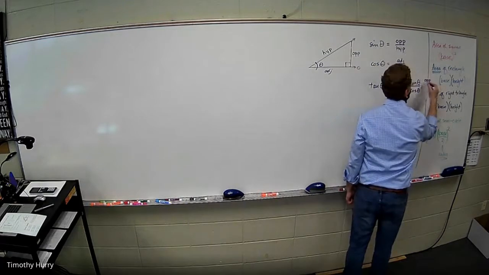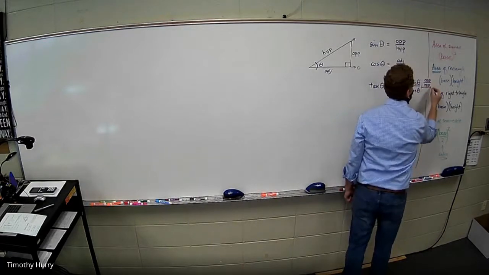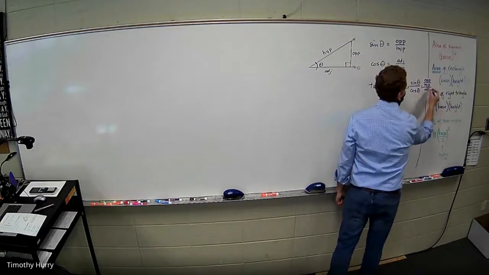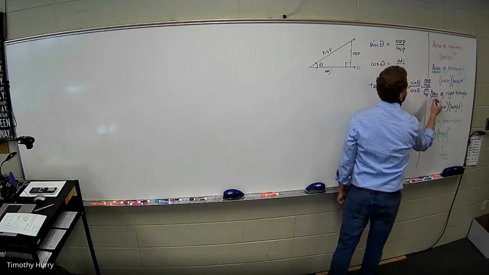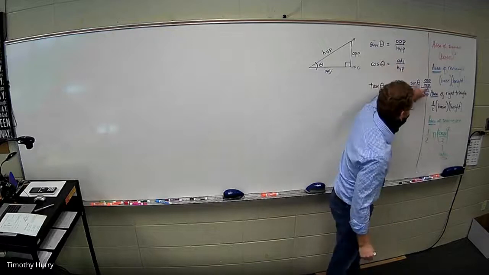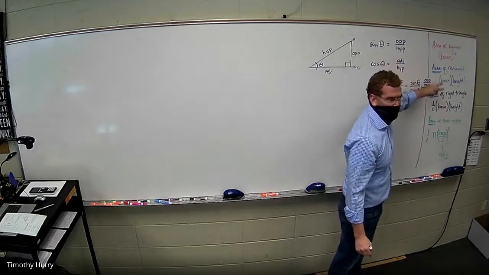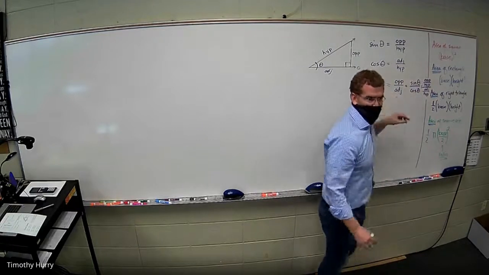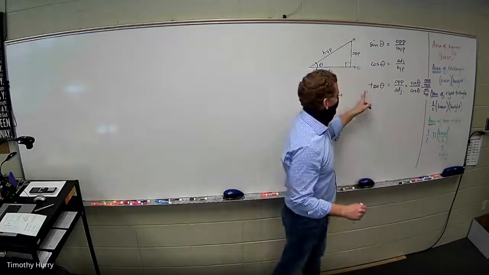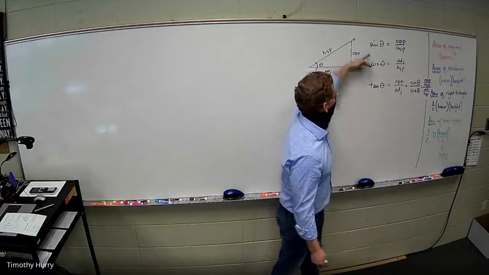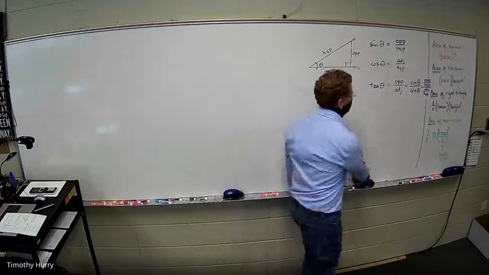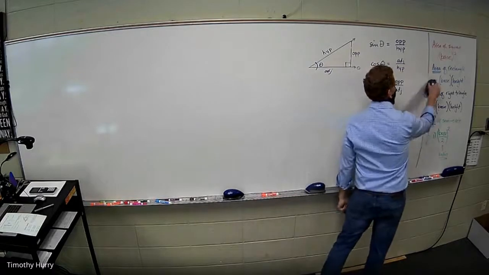And what is the cosine of the angle? Adjacent over height, right? And what happens if I multiply by the reciprocal? The heights would cancel and you have up over adjacent. So that's something to remember too, that a tangent of an angle can also be found if you know the sine and the cosine of the angle. You can just put the sine over the cosine. We'll get back to that later.